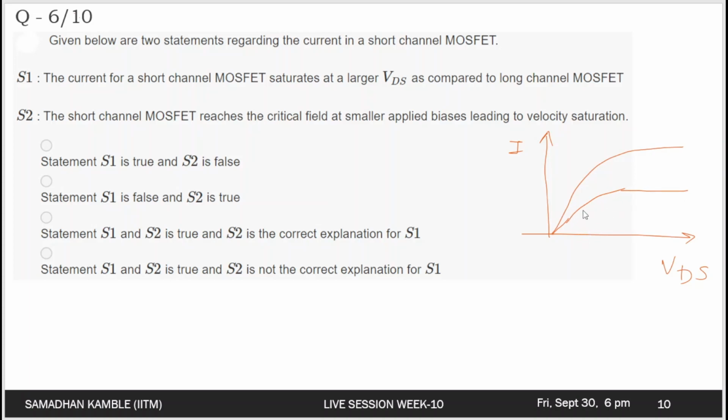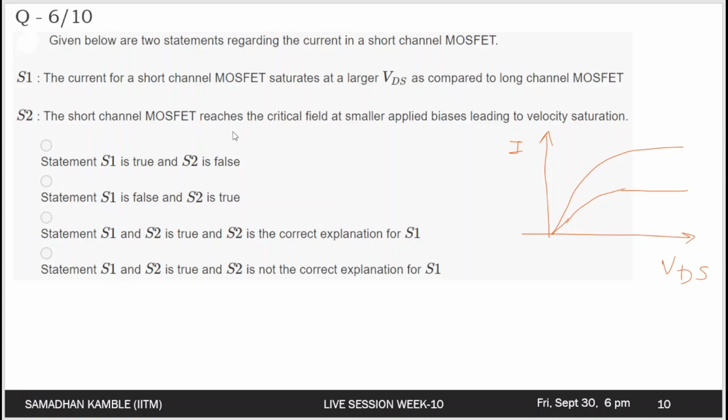It saturates at lower VDS as compared to the long channel MOSFET. So this particular statement is false here.